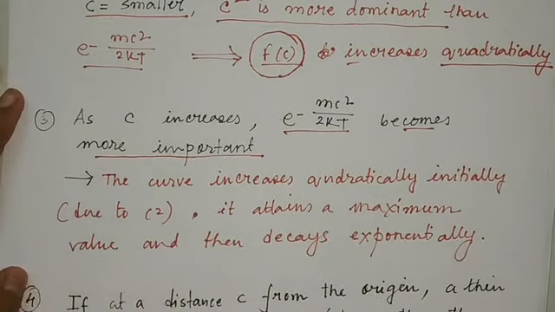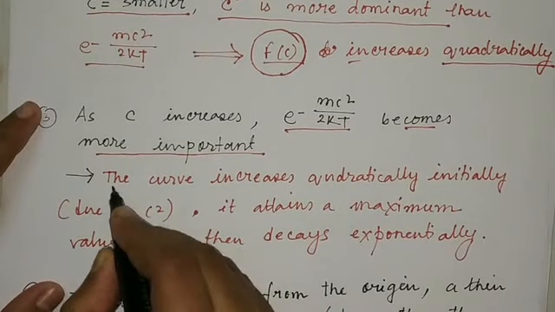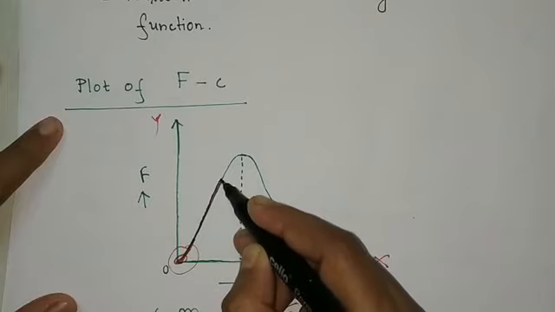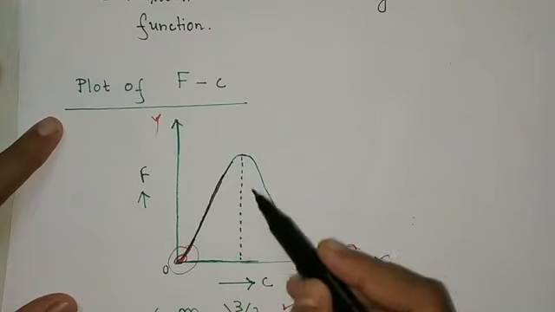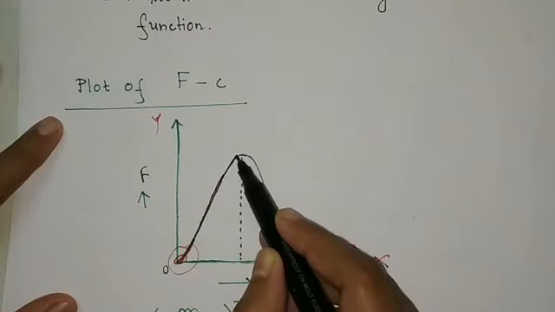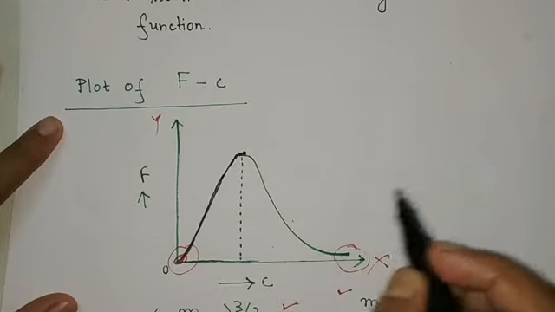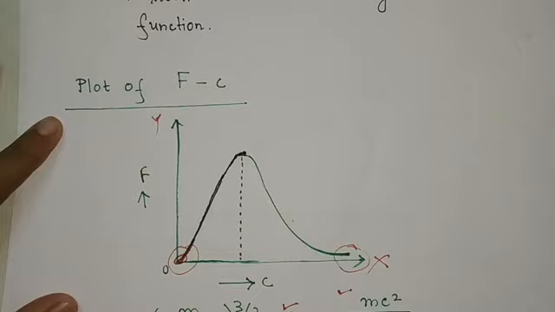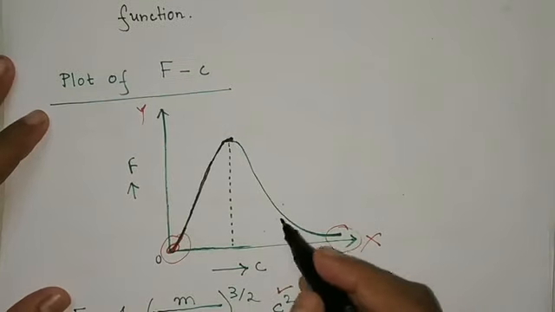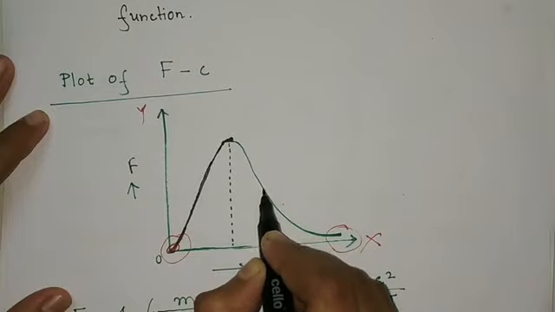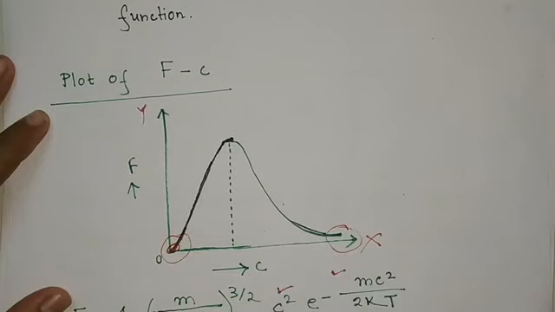So as a result, what will happen? Initially the curve was increasing, but as c increases, the exponential term becomes more important, so it reaches a maximum. Then the exponential term will dominate over the c square term, and the curve f_c will decay exponentially.